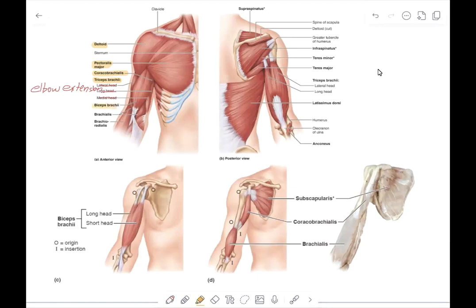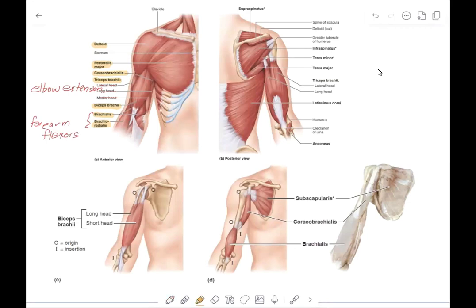We've talked about the biceps brachii muscle, the brachialis, as well as the brachioradialis. Both of those muscles are going to be forearm flexors.